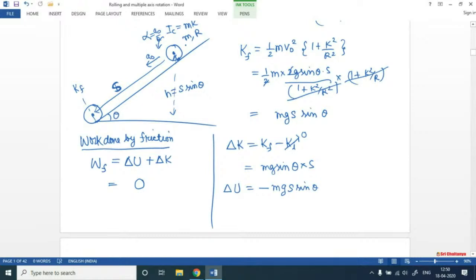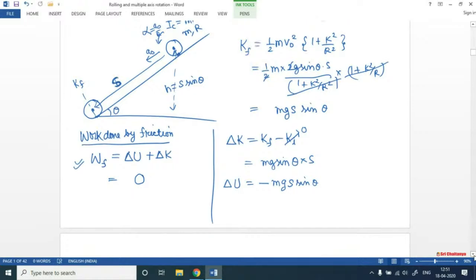In the work, energy, power lecture, we have already discussed that whenever we write work done by a force is equal to force dot displacement, the displacement is of the point of application of force. Here the point of application of force is the point of contact, the displacement of which is equal to 0 because it is not slipping. So we would have expected this result: work done by friction will be equal to 0.